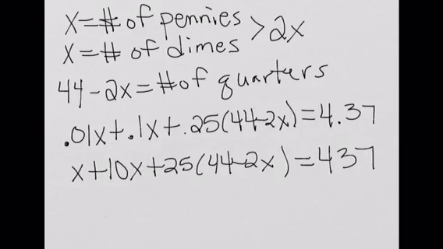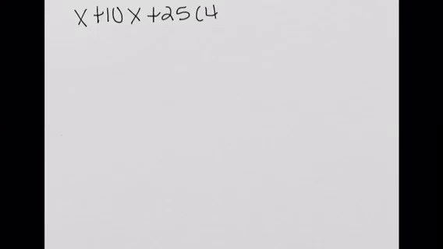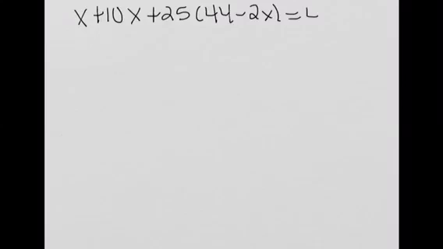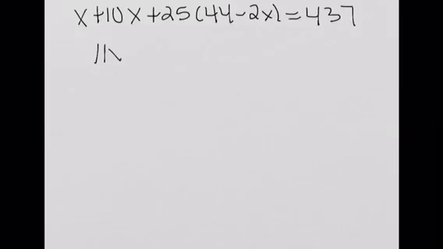So now let's solve it for x. Again, I'm just going to rewrite it. That was x plus 10x plus 25 times (44 minus 2x) equals 437. Let's combine our like terms and simplify the left side. x plus 10x leaves me with 11x.